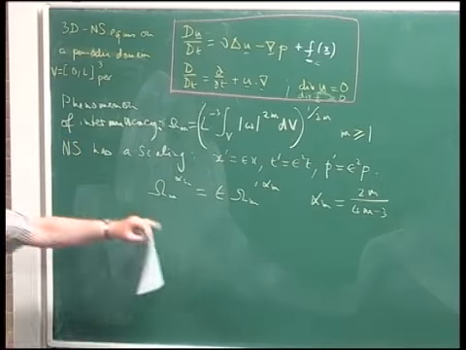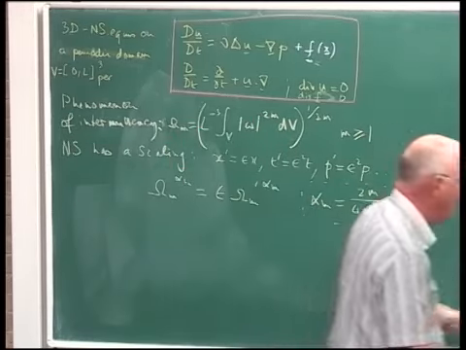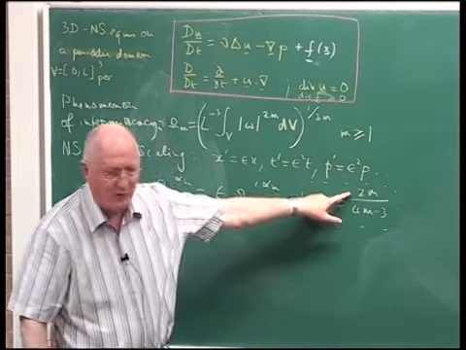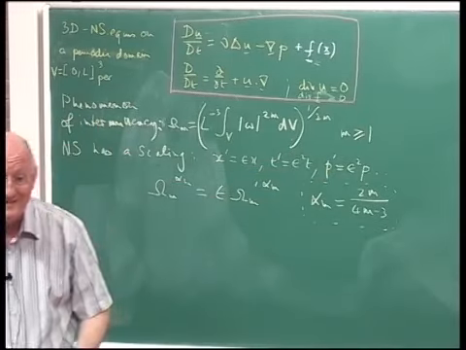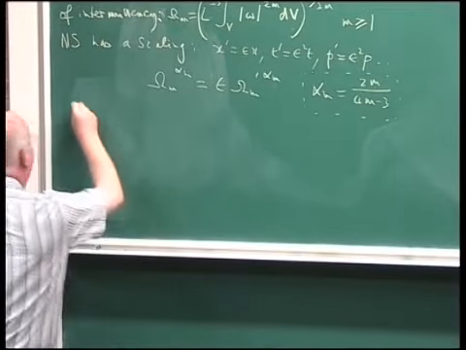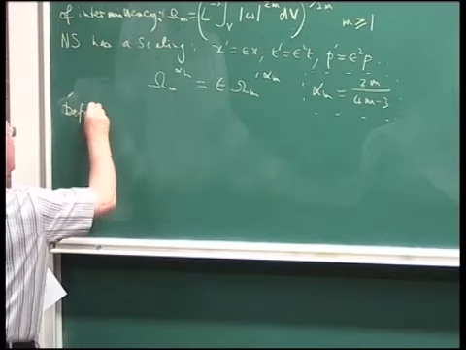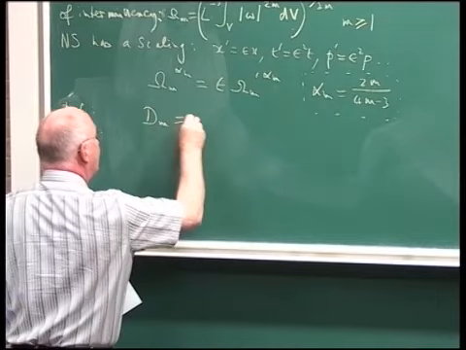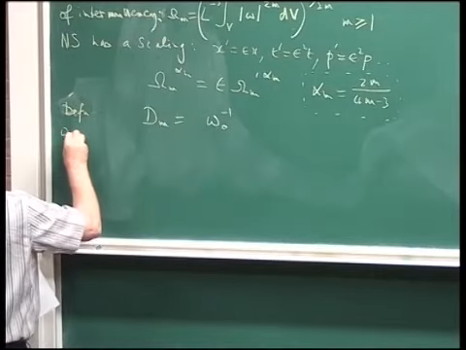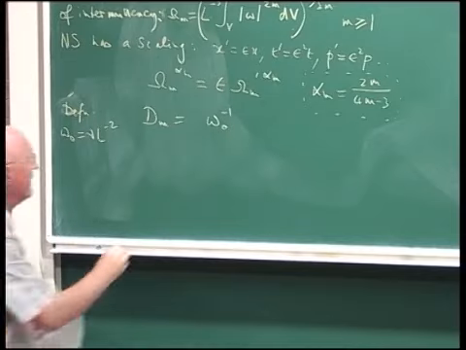And so this object here, which is written down here in pink, starts at 2 and goes down to a half. And it basically tells me to define, and this is a definition I'm going to use now, omega naught to the minus 1, where omega naught would be nu L to the minus 2.